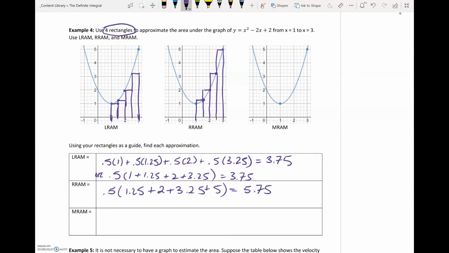And lastly, the MRAM. So the MRAM is going to be the midpoint in between the 2 points, but I'm going to again write down the points of each and just draw that in there. Okay, so my midpoint in between these two is going to be this one here. Then my next midpoint looks like it'll be about there. Then my midpoint between these 2 points looks like it's going to be about here.